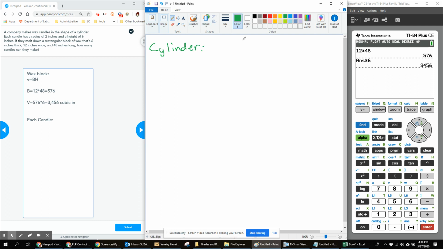So a cylinder is still base times height, but my base is a circle. The area of a circle is pi r squared.